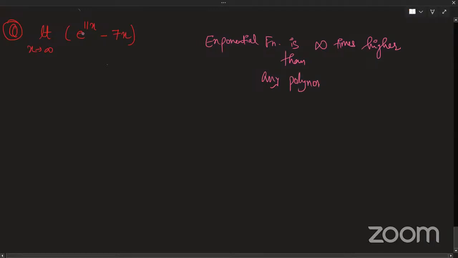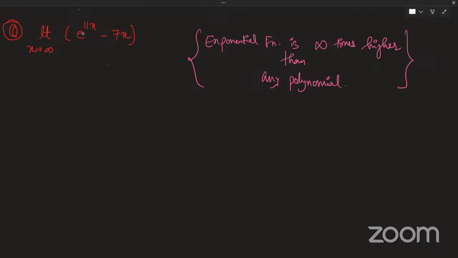You know this? So just think of it in a basic logical way. e raised to 11x is infinitely times larger than 7x.